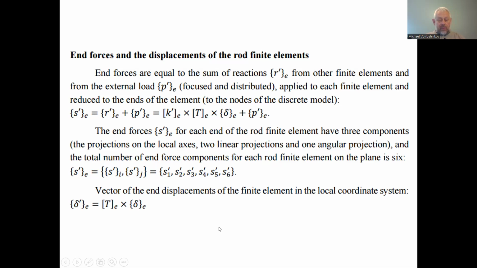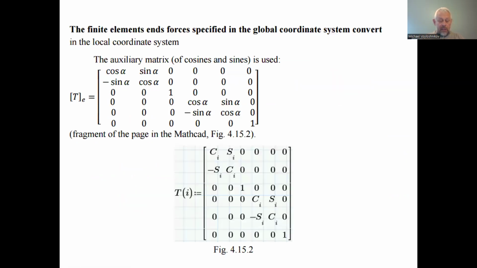And the vector of the end displacement of the finite element in the local coordinate system, with a stroke, is the product of the transform matrix by the vector of the displacement of the finite element in the global coordinate system. This is the matrix of the transform from the global coordinate system to the local one. This matrix we defined as a function in the Mathcad computer algebra system.